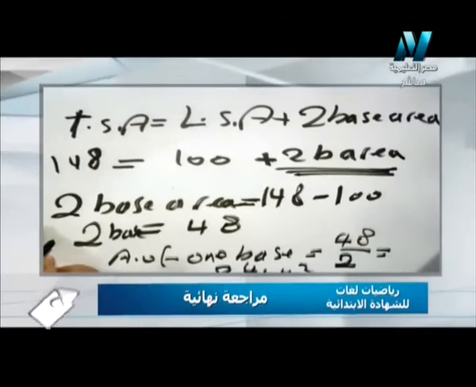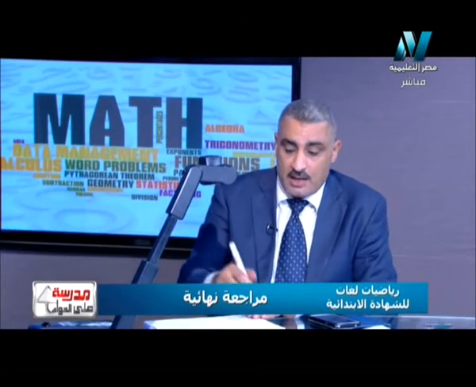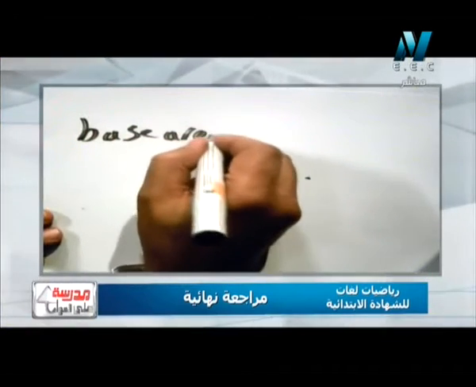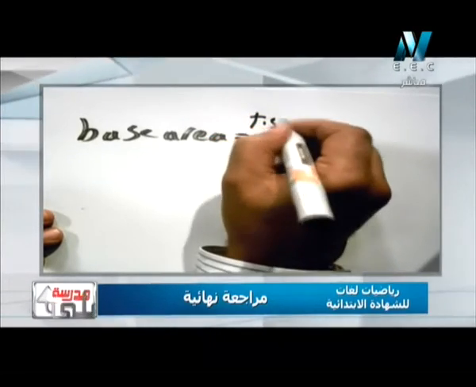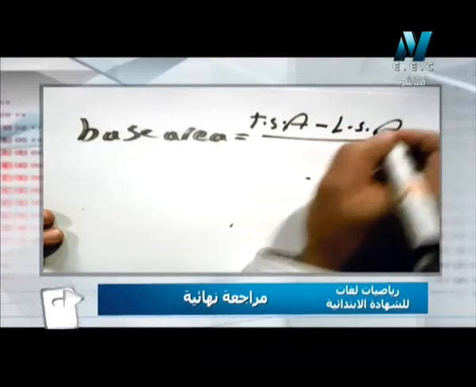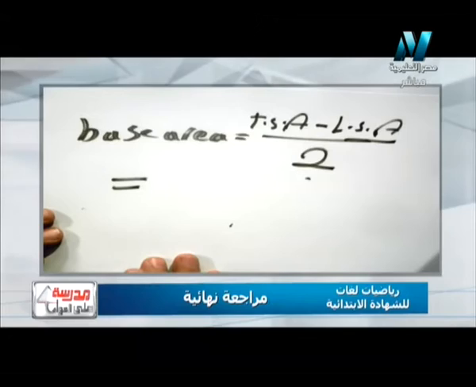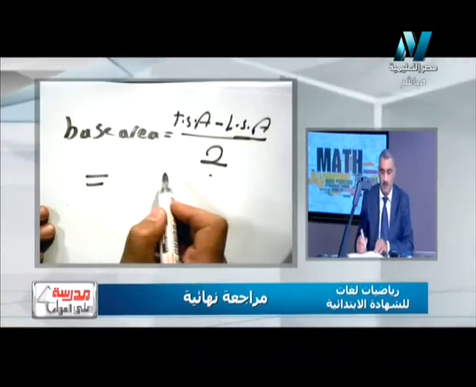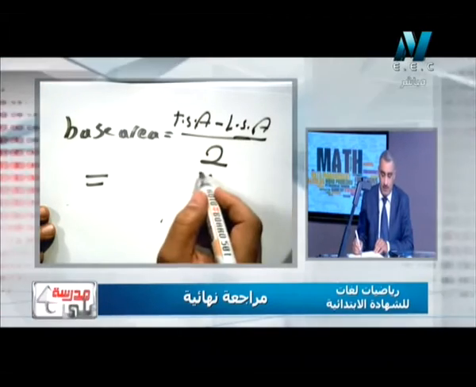We can write this rule in another way, my dear students, in a direct way. Base area equals total surface area minus lateral surface area over 2. Just one step. What we explained can be written in one step.